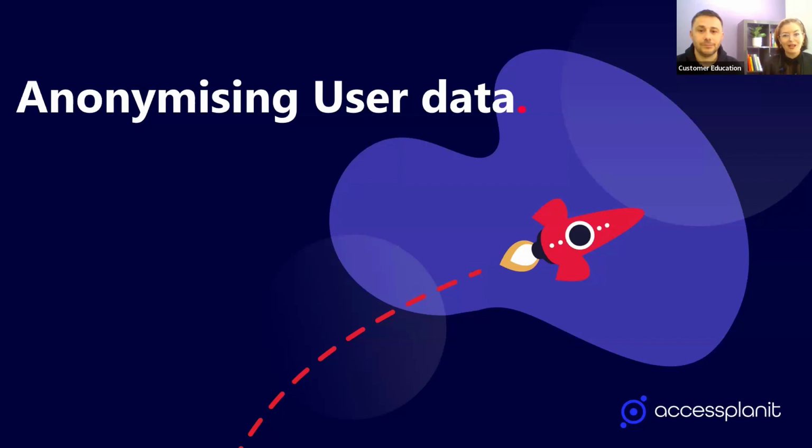And that's where the anonymize tool comes in. So in this section, we'll show you how you can replace that identifiable user information with anonymized information. So you can stay GDPR compliant while maintaining that full and accurate record of past activity.